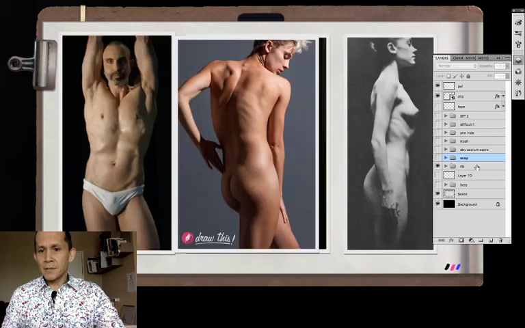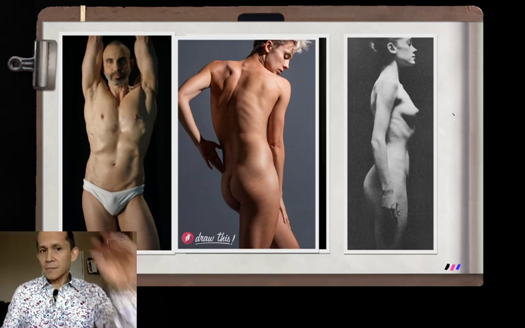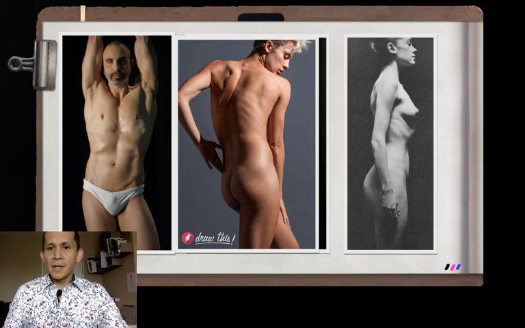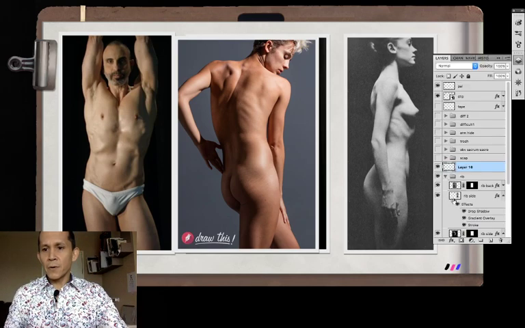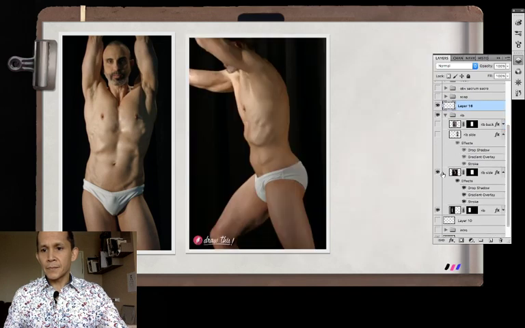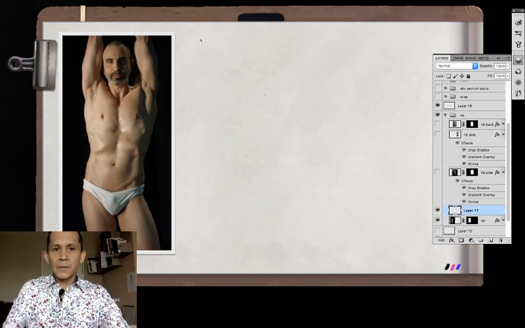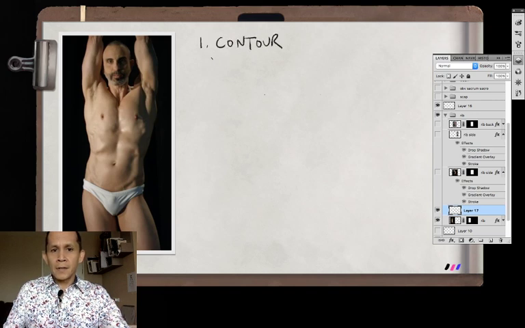Okay, so let's just look at some examples real quick, and I'll talk about what to look for. Basically, what you're looking for, number one, is the contour. Number two, the surface.